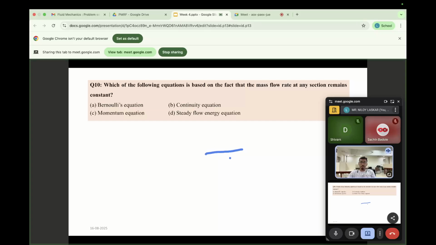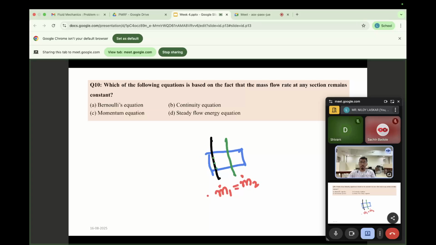So this mass flow rate is this thing. If this is a fluid domain, and I take any two lines, say this is a black line and this is the green line, and the total mass flowing through this point is m1 dot and through that one is m2 dot, then both of these should be equal.